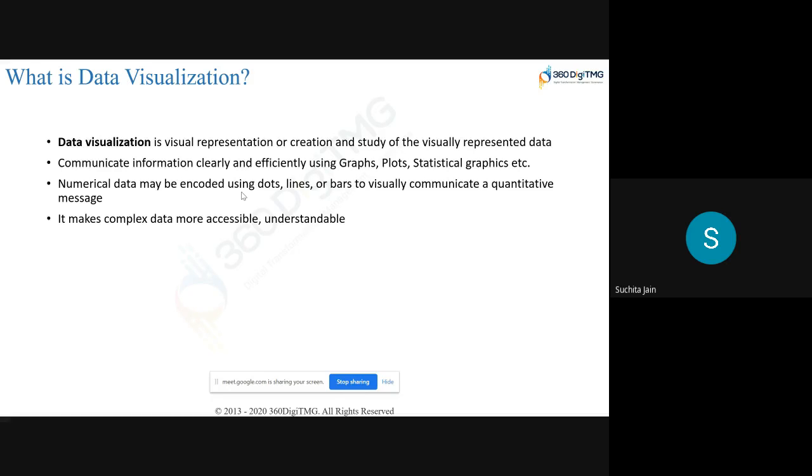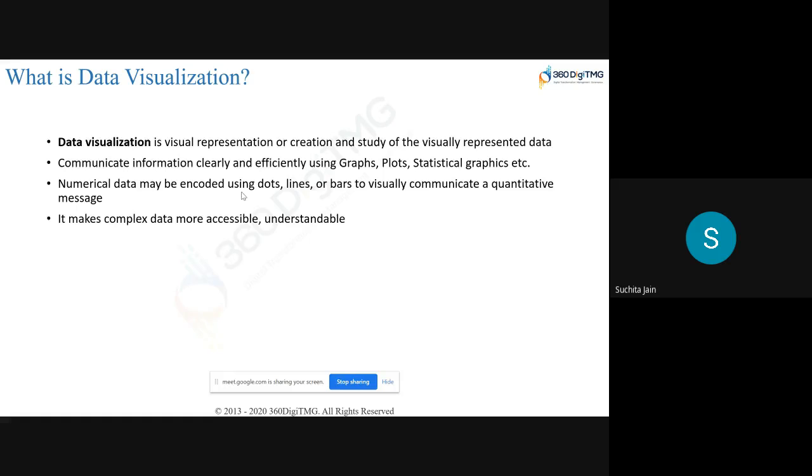Okay, and how do we communicate that through data visualization? It communicates in terms of graphics, in terms of different graphs, plots, or statistical graphics. Numerical data may be encoded using dots, lines, bars to visually communicate a quantitative message.